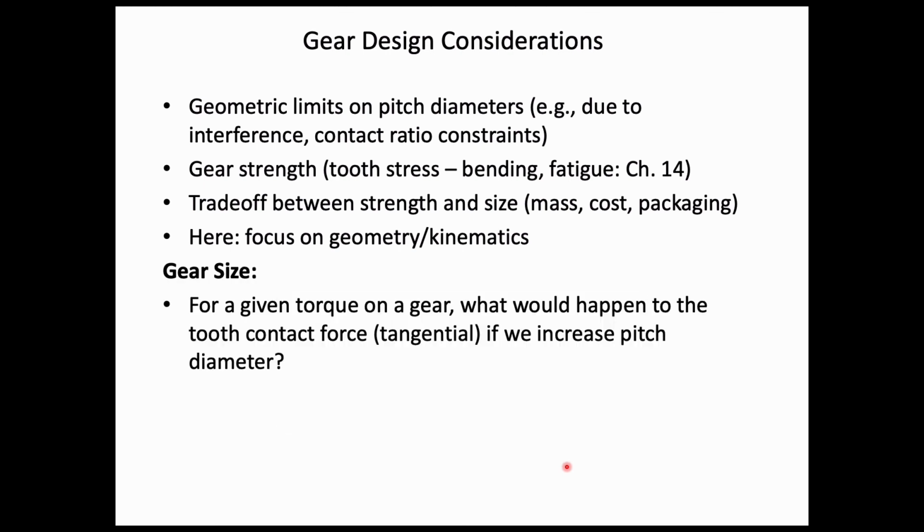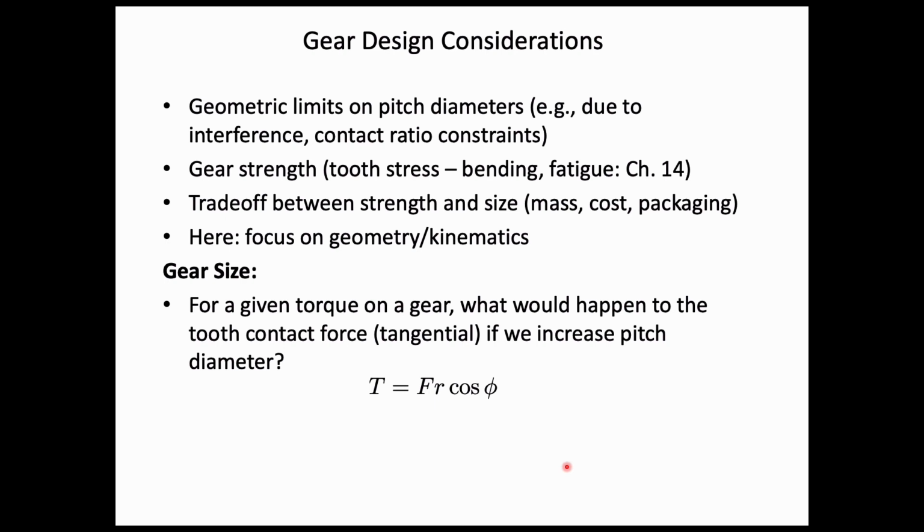If we consider increasing or decreasing gear size, and we have a given amount of torque that we need to transmit with a gear, what would happen to the actual tooth contact force if we increase pitch diameter? If we increase diameter, or here in this equation increase R, but the torque is held fixed, it's going to reduce the contact force.